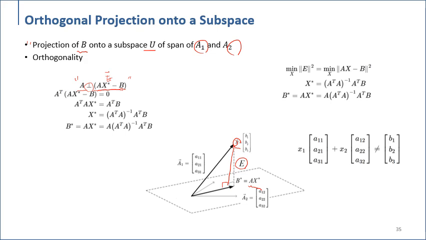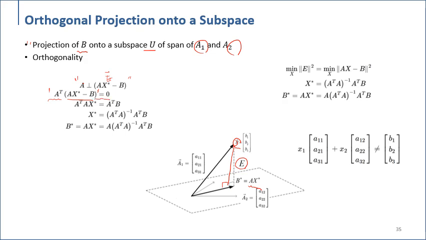To satisfy this orthogonality condition, the inner product between the A matrix and the E vector should be 0.